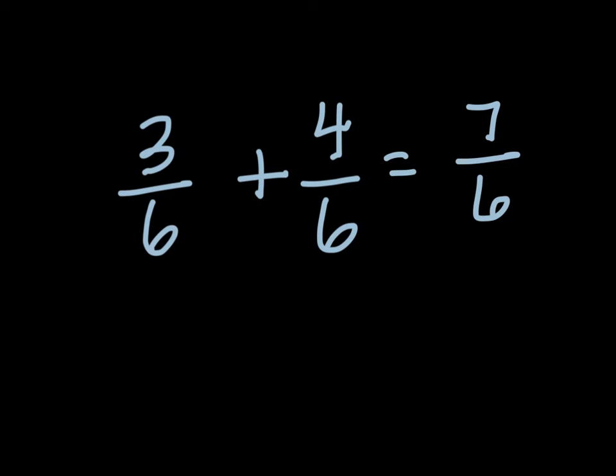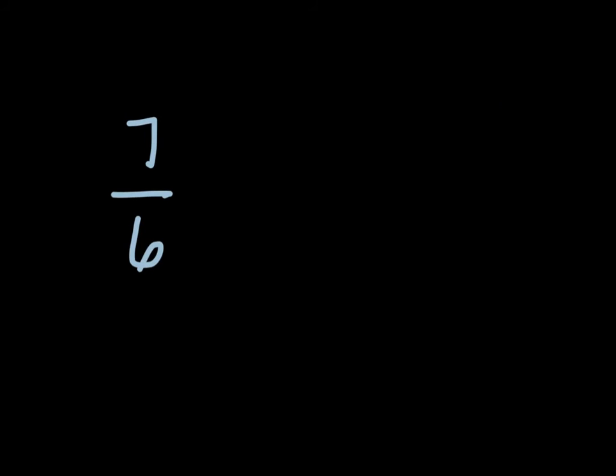So hopefully what you can see is typically with fractions, our numerator is smaller than our denominator. In this situation, my numerator is bigger, which makes it so that I can have a mixed number. So if I was going to figure out what my mixed number would be, I know that 6 out of 6 equals 1 whole, right?